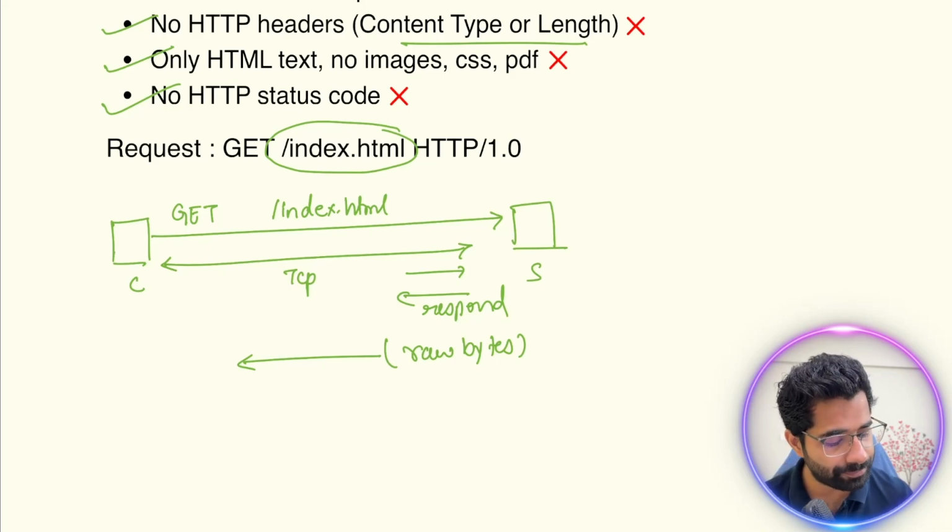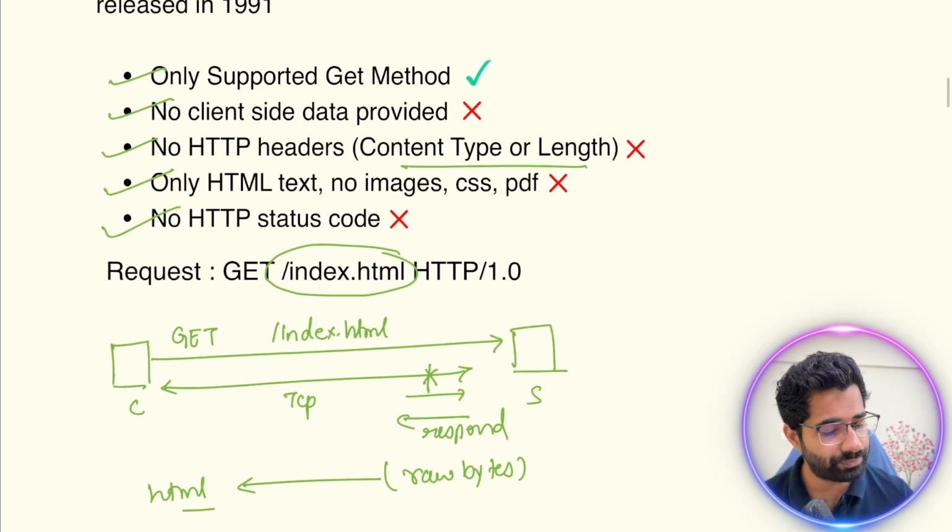Once the servers were done sending all the raw bytes, they would snap and break the TCP connection, and that is how the clients would know that all the response had been sent by the server. Because content length was not mentioned on the response, the clients had no idea how much more data was pending, and they would keep on listening until the connection was alive.